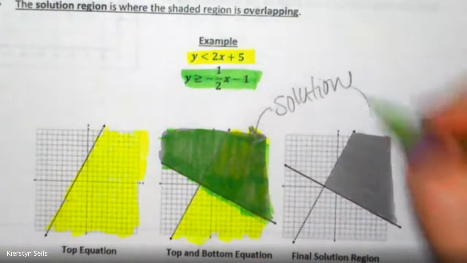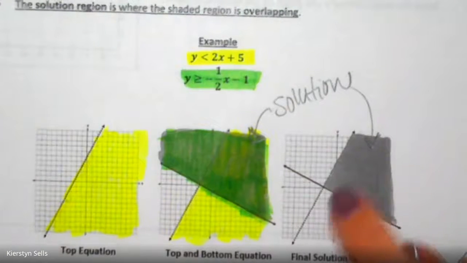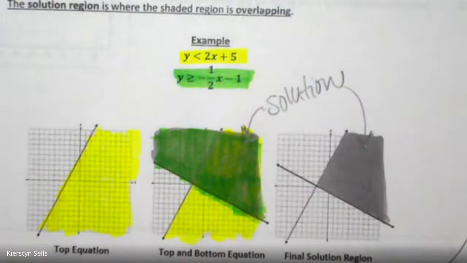I dropped off the extra to show you the only shaded region. Do we see how this is the same thing we were working on last week, just put together? Okay, now some examples together.